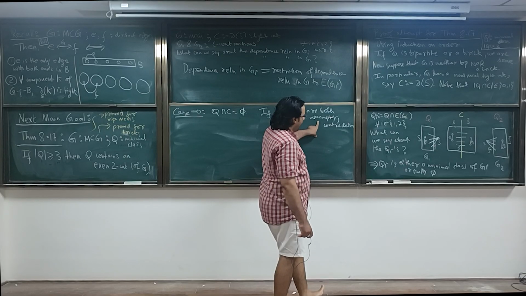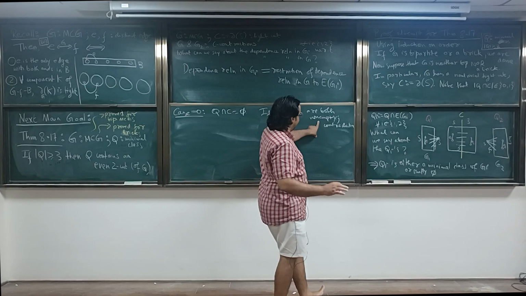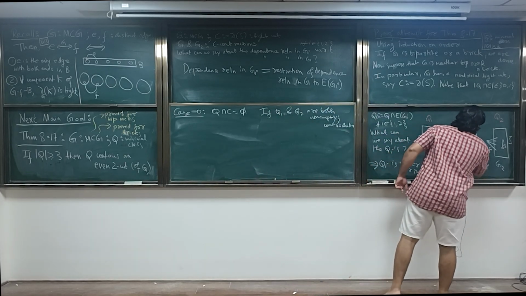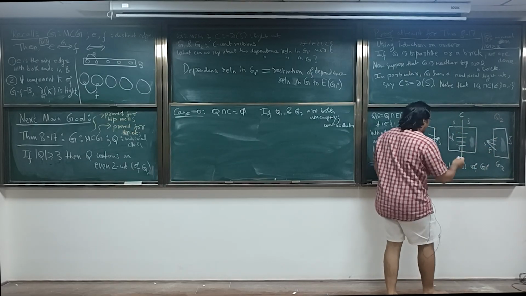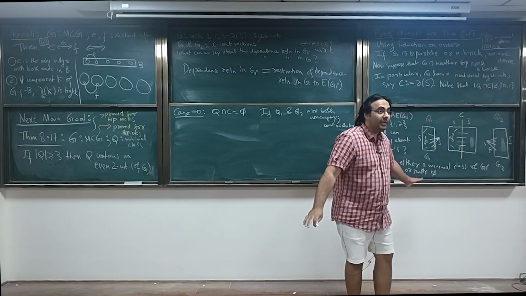Therefore, what does that mean? That means that one of them is going to be empty. There are no edges of Q here in G2. That means all the edges of Q are actually here. That's great actually.